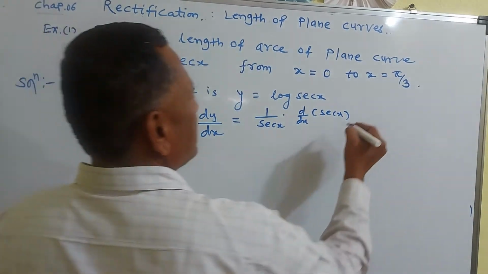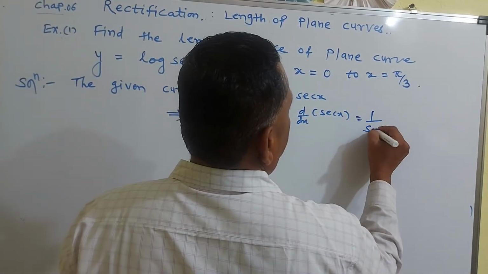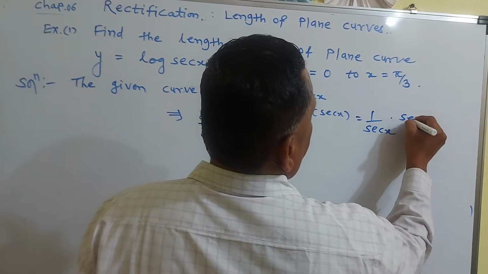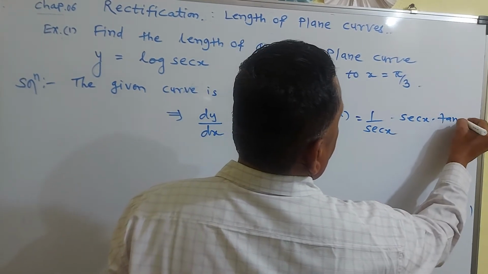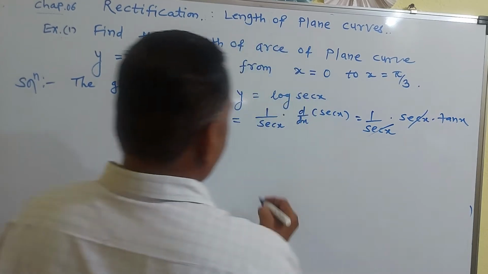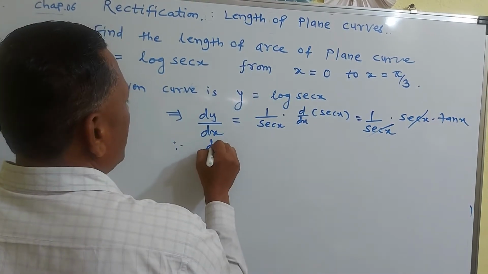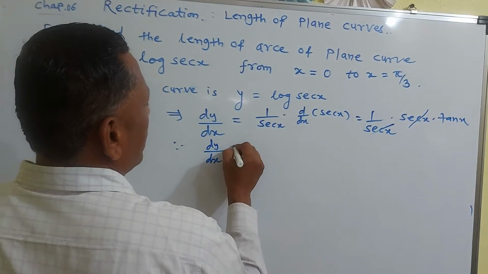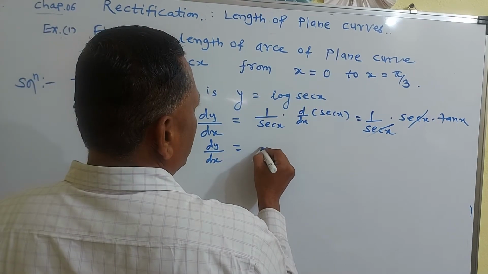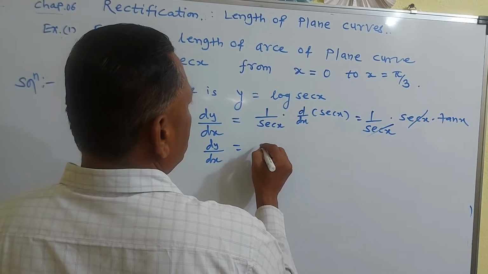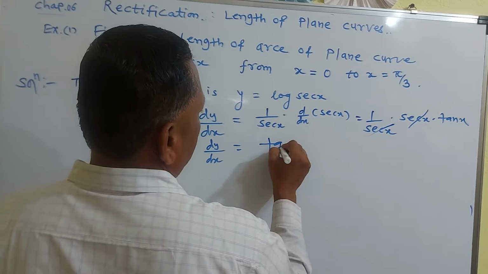Sec x into tan x. So it is 1 upon sec x into sec x into tan x. So sec x cancels. Therefore dy by dx is equal to tan x.